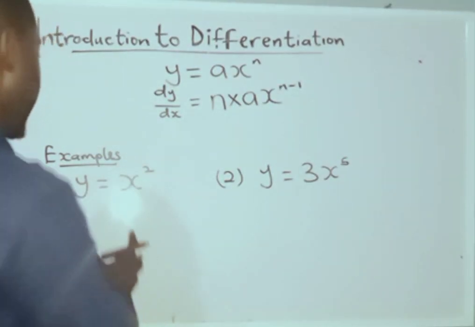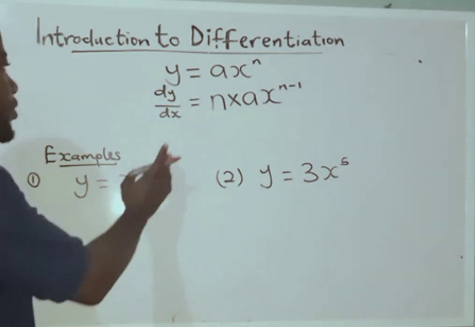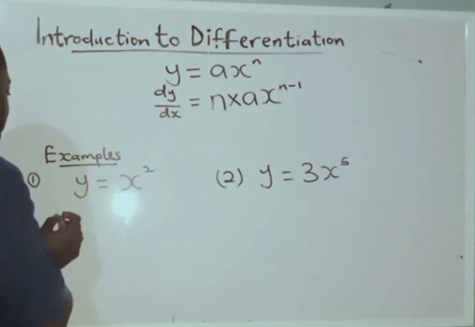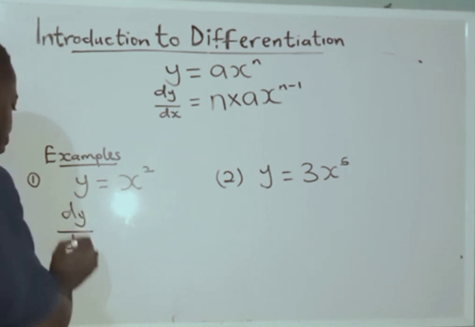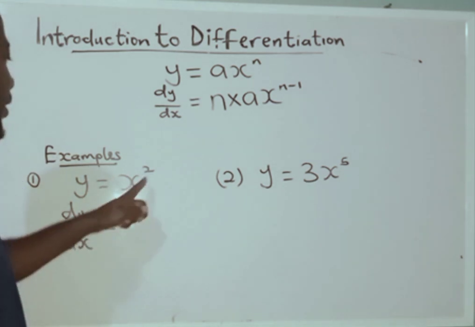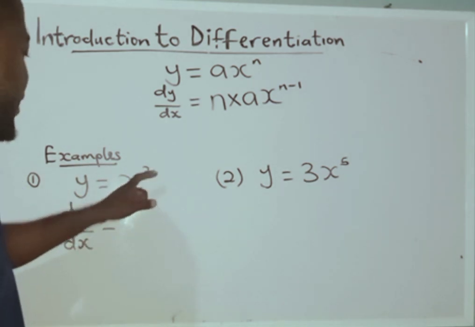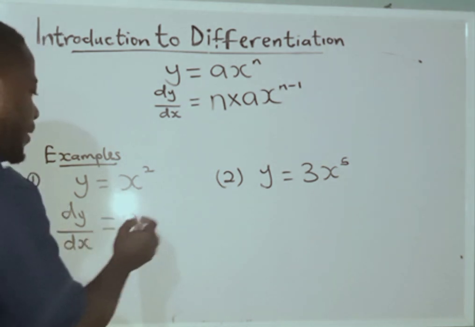Now, let's take a look at these two examples. The first one says y equals x raised to the power 2. Now, I'm going to differentiate this in respect to x. Now, I'm going to have dy over dx equals to, now, what is the power here? The power is 2, so you bring it to the front.